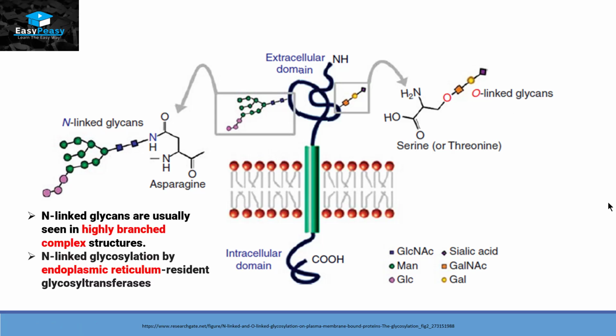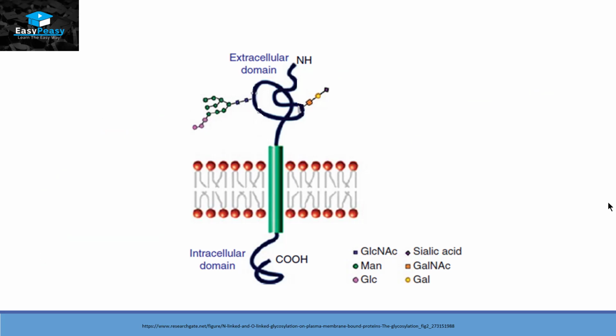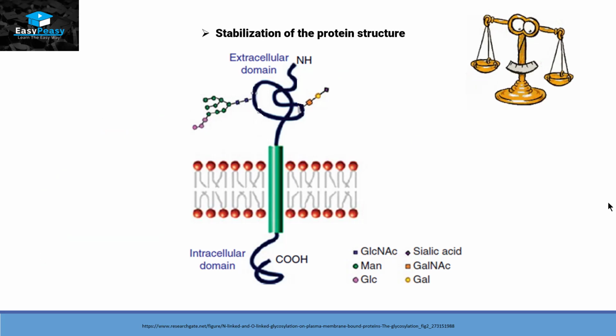N-linked glycans are usually seen in highly branched complex structures, and N-linked glycosylation usually occurs in the endoplasmic reticulum. On the other hand, O-linked glycosylation is usually done by the Golgi complex. These glycans, when they attach themselves with protein, usually stabilize the structure of that protein.